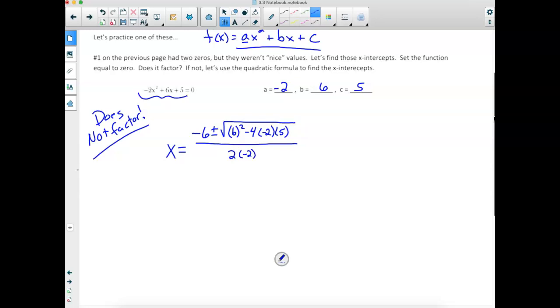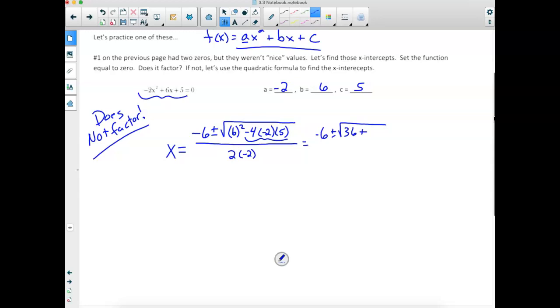Okay? Well, what does that equal? That equals -6 plus or minus the square root of... Everybody tries to do these a little too fast in their head, and they drop signs, especially in this part. But 6 squared is 36. And when I see a negative times a positive, I know that's going to be a negative, so minus a negative gives a positive number.